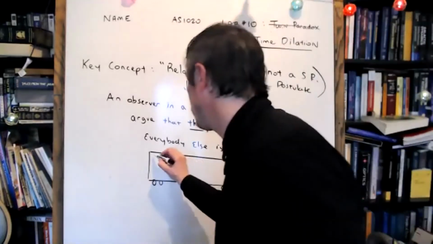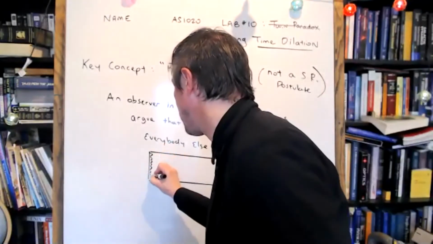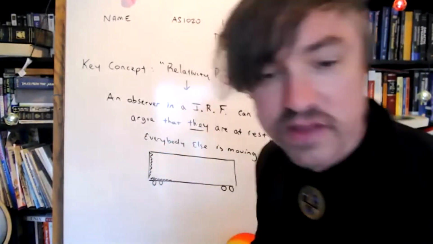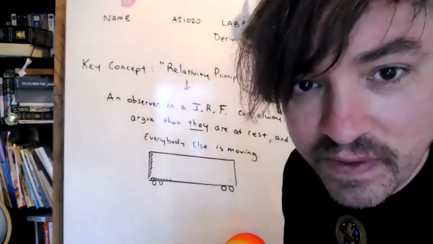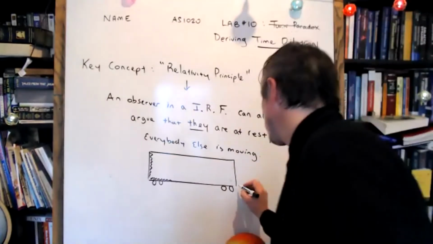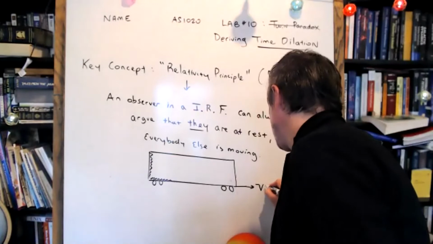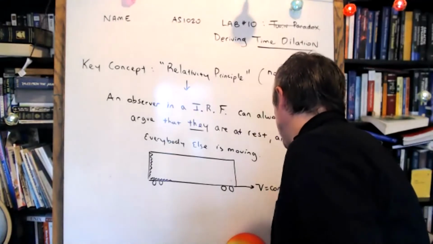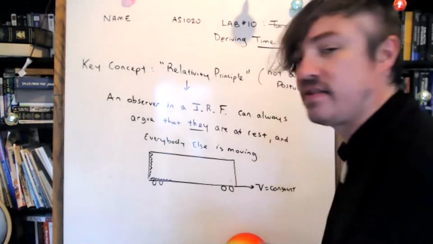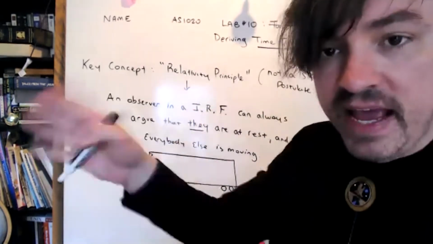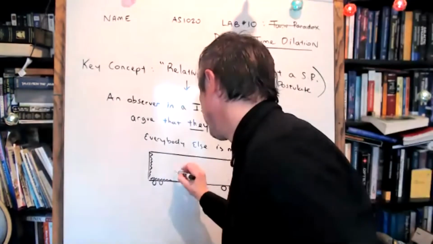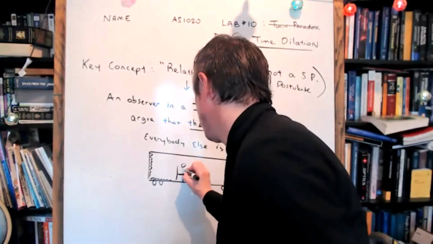What if I also covered the interior of the train car with high quality studio soundproofing foam? And then I made sure that there were no windows and that the velocity of the train car was extremely constant.